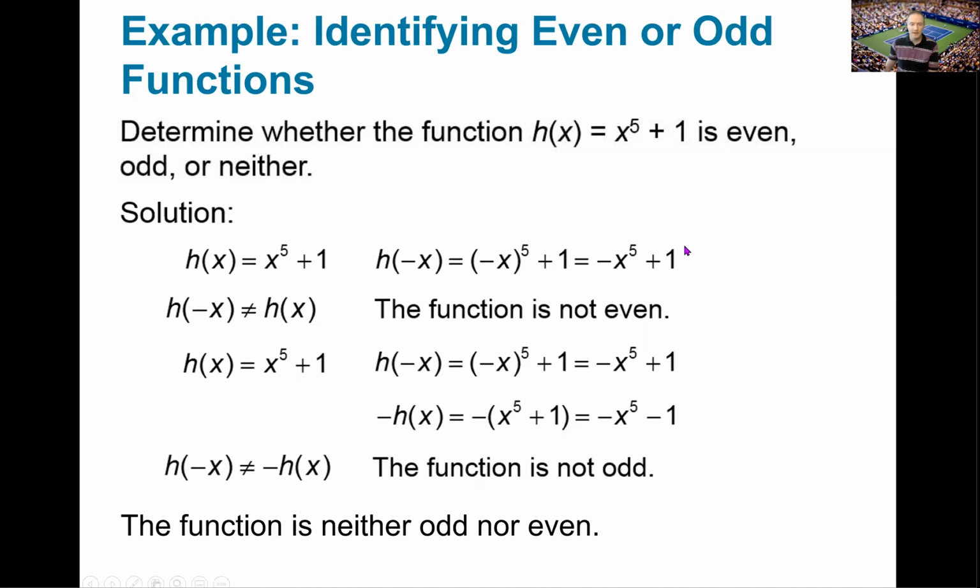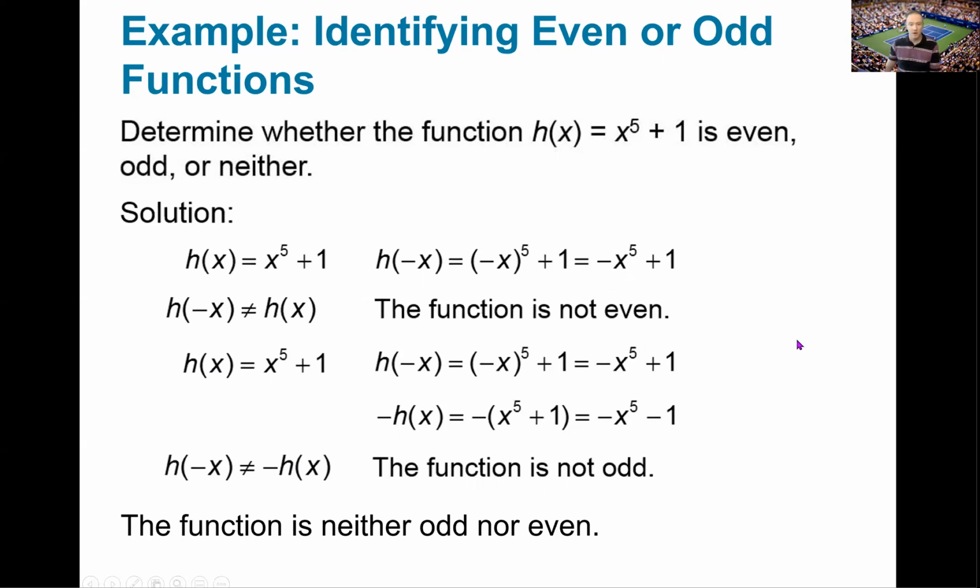So is this equal to the negative of the original function? No, the negative of the original function would be -x to the 5th minus 1. Since h of -x is not equal to h of x, it's not even. And it's not odd because it's not the negative of the original function. So it's neither even nor odd, because it's just a combination of the two.